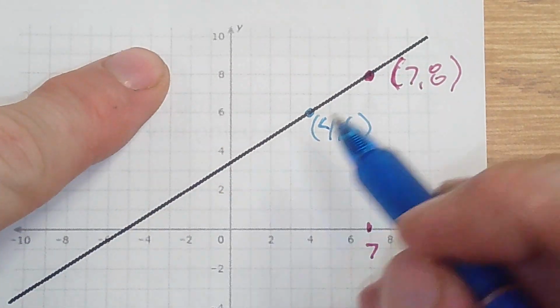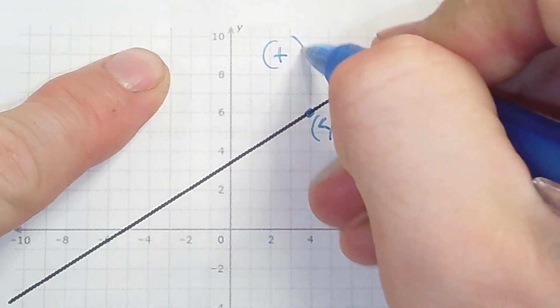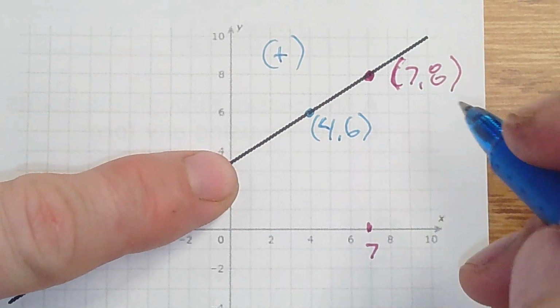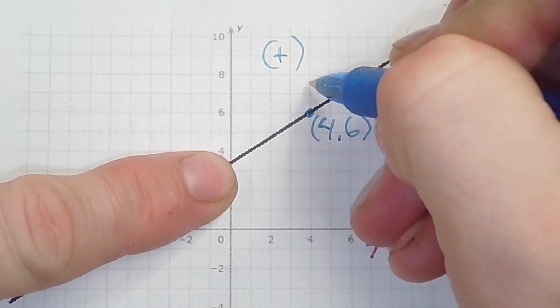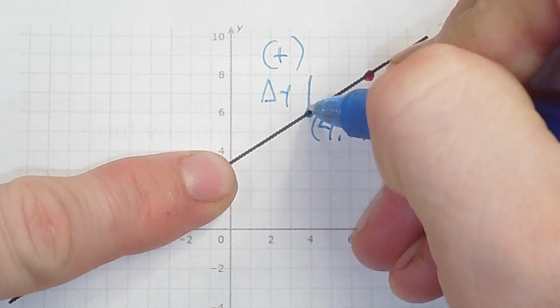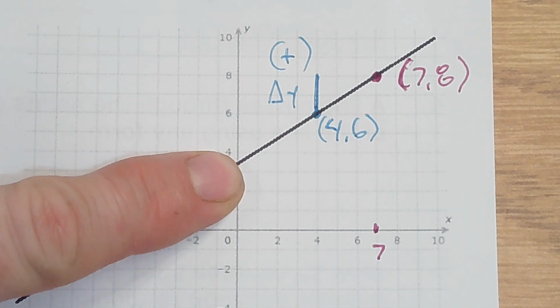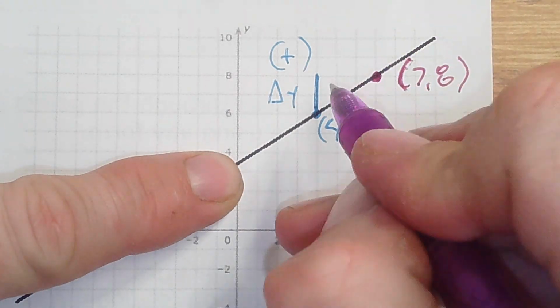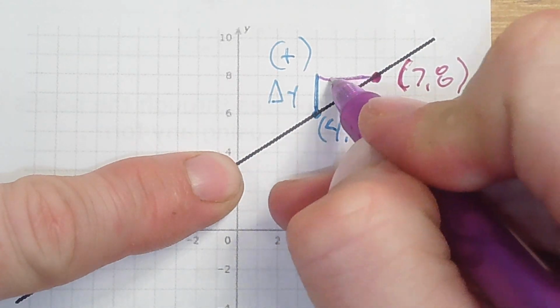Well, we look at this, we know it's going to be a positive slope. My change in y from this point to this point is 2.